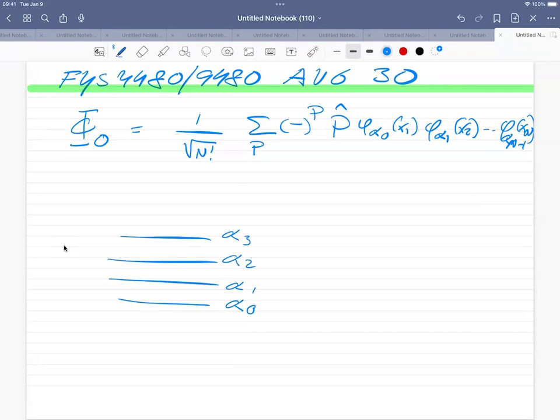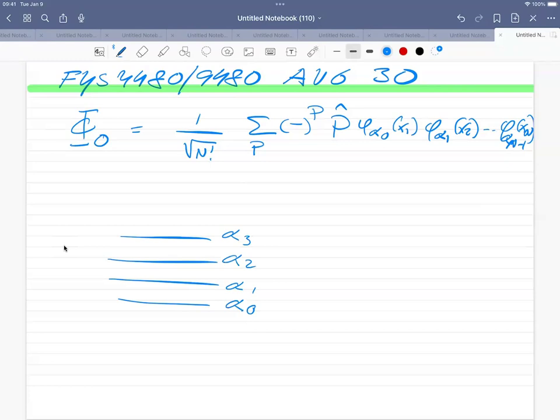So if you're thinking of an atomic nucleus, you could think of this as all the states which are the lowest lying states in an atomic nucleus like oxygen 16. Or if you're thinking of atomic neon, the gas atomic neon, you could think of this as being the 1s, 2s, and 2p single particle states from a hydrogen type of basis.